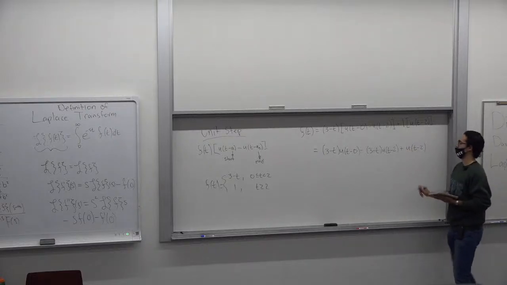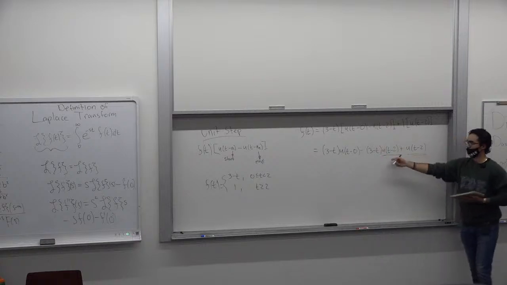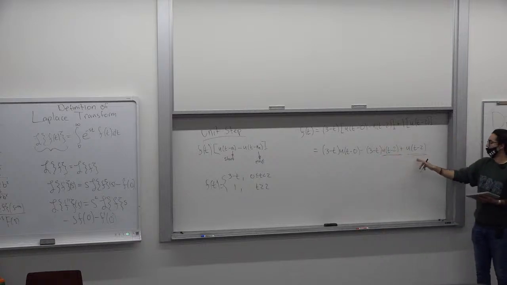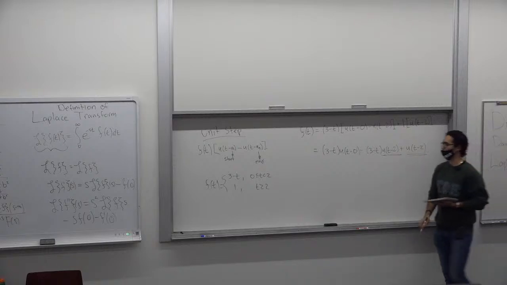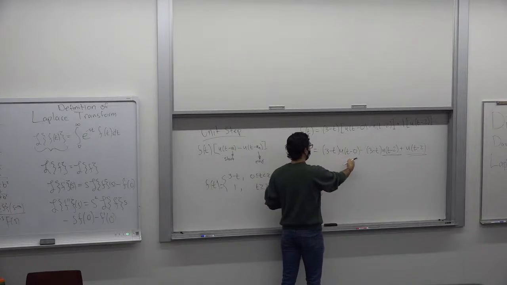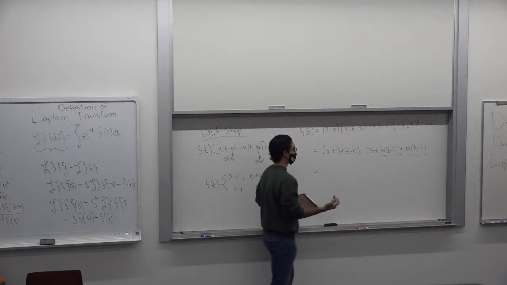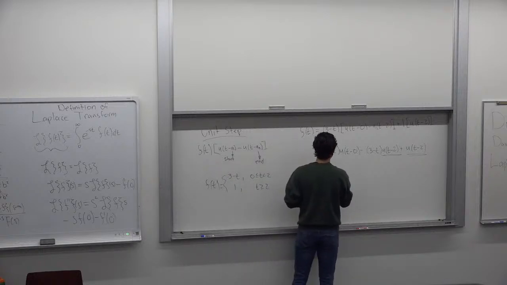So now we can factor out this right here and this right here. We can just treat this as a constant, or just a term that we can factor out. This u of t minus 0 is the same as u of t, which is also just the same as 1. So we can just write this 3 minus t.